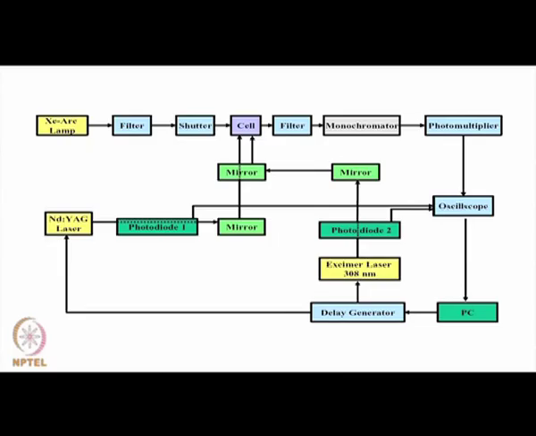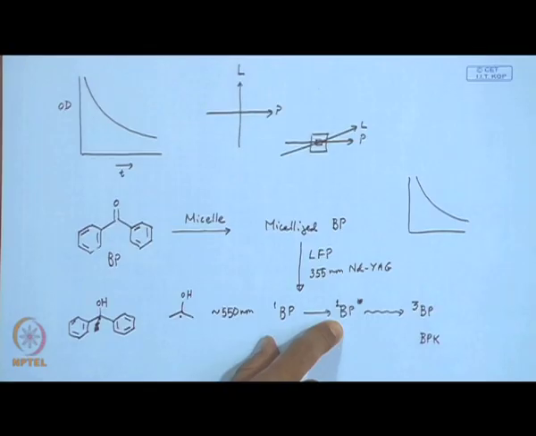using this technique which is called the flash photolysis technique, and this is possible only when your excitation source, like Nd:YAG or maybe your flashlight, is there. If there is no flashlight, then the excited benzophenone will not be produced to give this ketyl one. Okay.